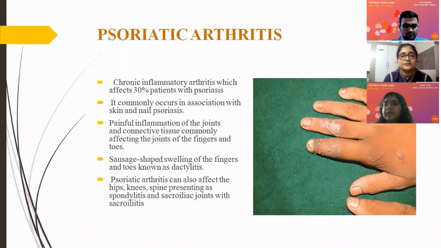Sausage-shaped swelling of the fingers and toes is known as dactylitis. And psoriatic arthritis can also affect the hips, knees, spine, presenting as spondylitis, and sacroiliac joints with sacroiliitis. So it can involve different joints.